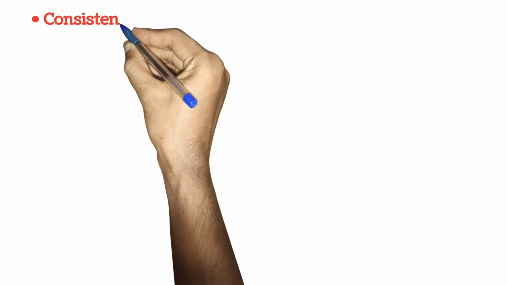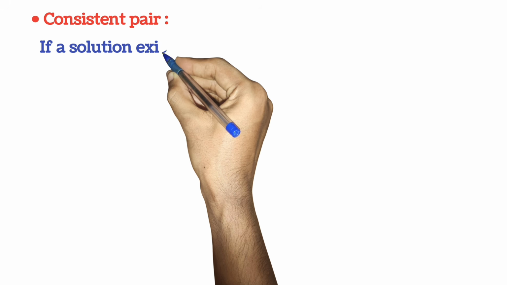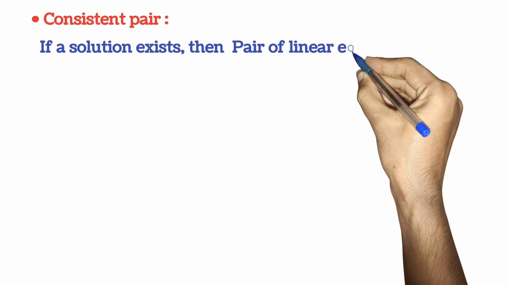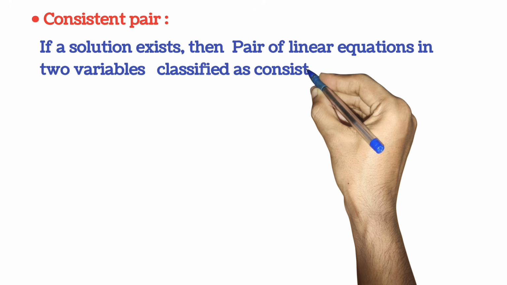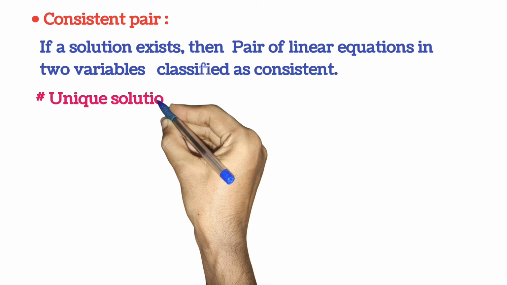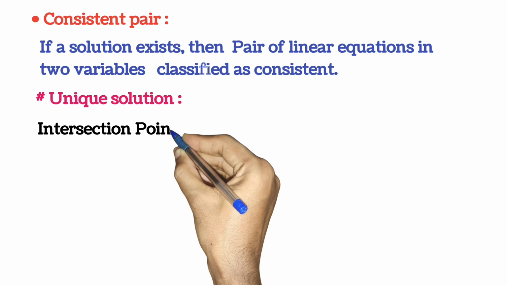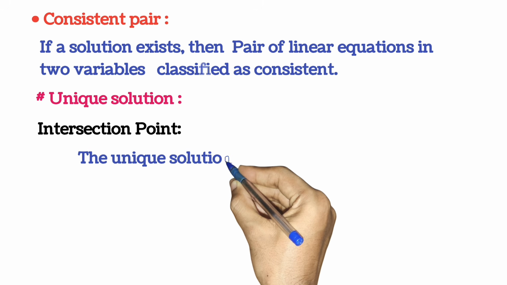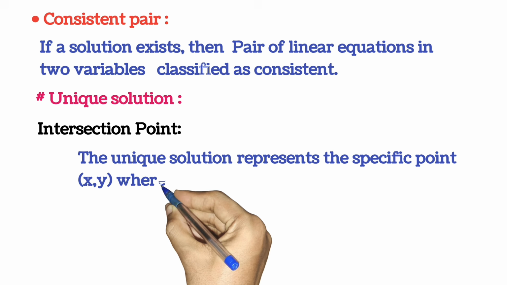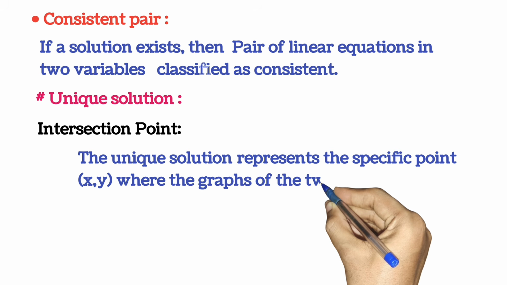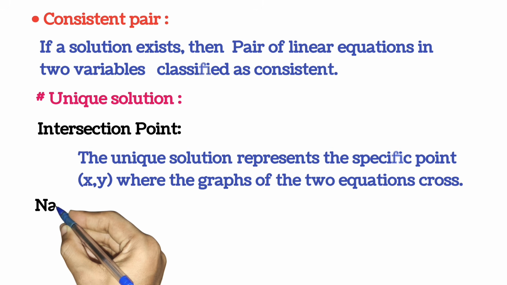Now we look at the consistent pair. If a solution exists, then the pair of linear equations in two variables is classified as consistent. For a unique solution, the intersection point represents the specific point x and y where the graphs of the two equations cross each other.